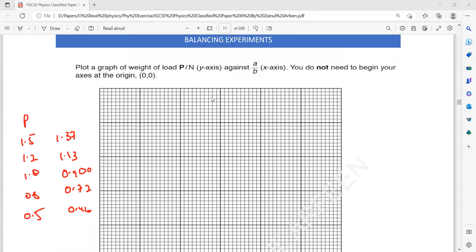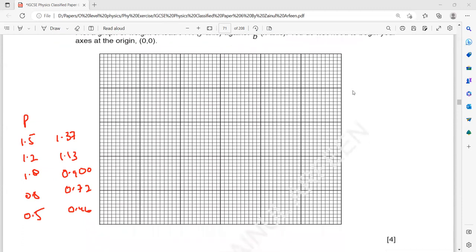Then we have to plot a graph between the load P on the y-axis and A over B on the x-axis, and you do not need to begin the axes from the origin. So we don't have to start from the origin. The value of P starts from 0.5 and ends at 1.5.